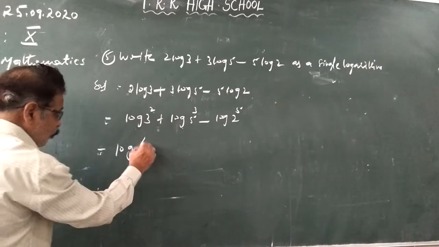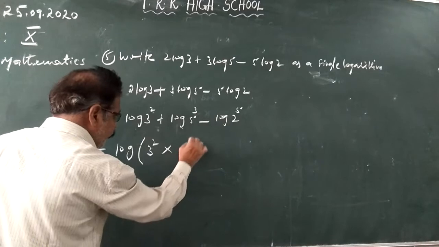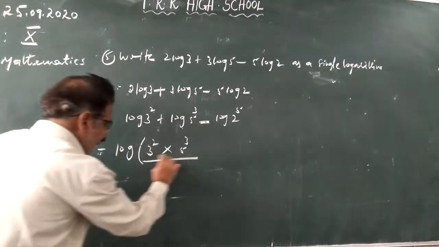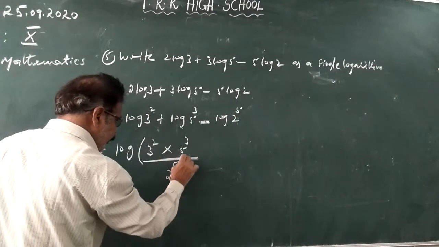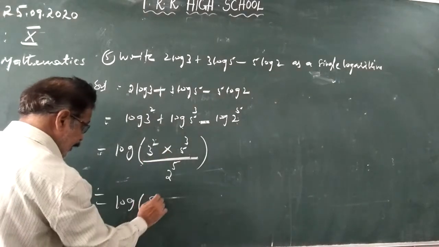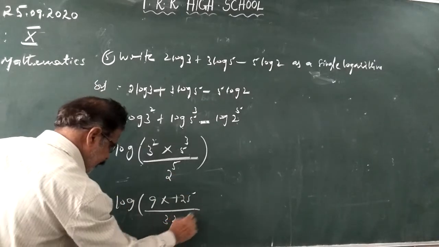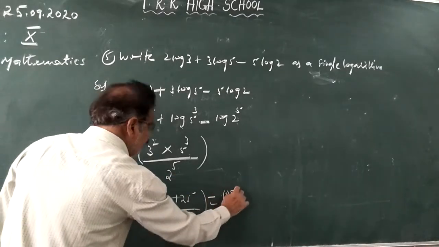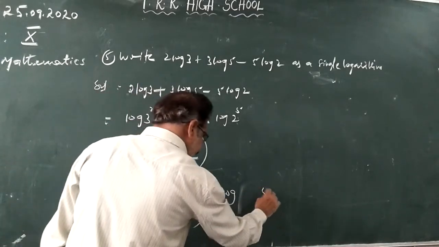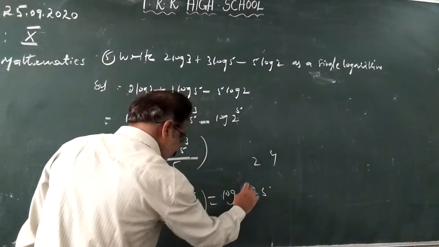So plus becomes into: log of 3 squared into 5 cubed, and minus becomes division, divided by 2 to the power of 5. So 3 squared is 9, 5 cubed is 125, 2 to the power of 5 is 32. That equals log of 9 into 125 by 32. 9 times 5 is 45, 9 times 2 is 18, plus 4 is 22, and 9 times 1 is 9, plus 2 is 11, so 1125.